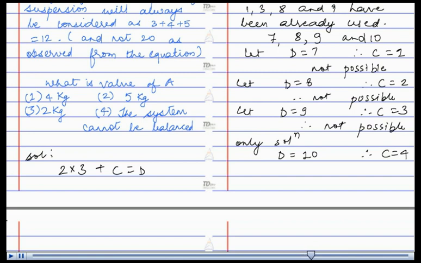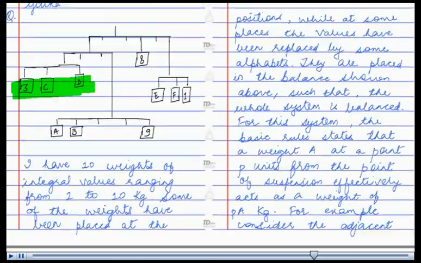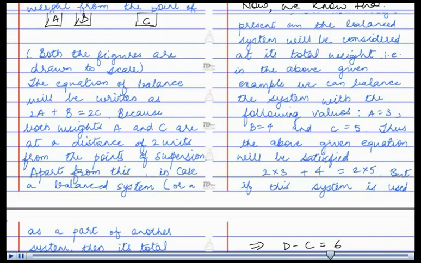Taking the second equation of balance from the diagram, we see that thrice of A plus twice of B is equal to twice of 9. That is, 3A plus 2B is equal to 18.